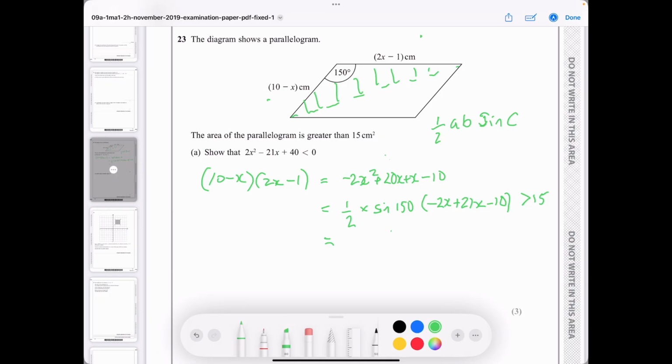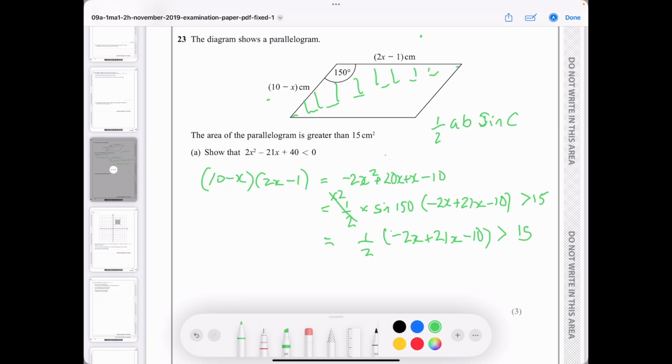So let's just times this by 2 as well. That gets rid of the half, but we've still got the half from the sine 150, so those are gone. This is minus 2x squared plus 21x minus 10 is greater than 15.